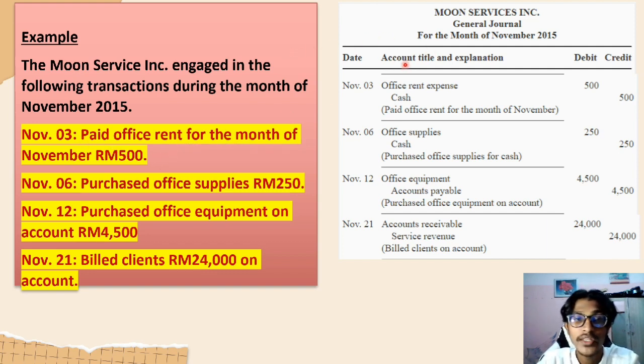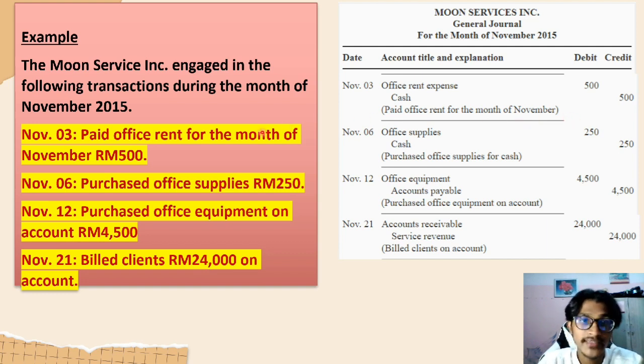First, we write the date, which is November 3rd, and identify which accounts are involved in this transaction, which are office rent expense and cash. Then the debit and credit amounts, and don't forget to write the narration, which is paid office rent for the month of November.